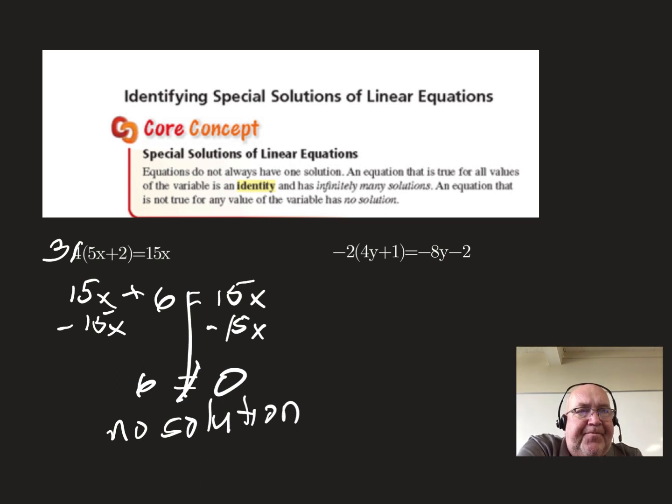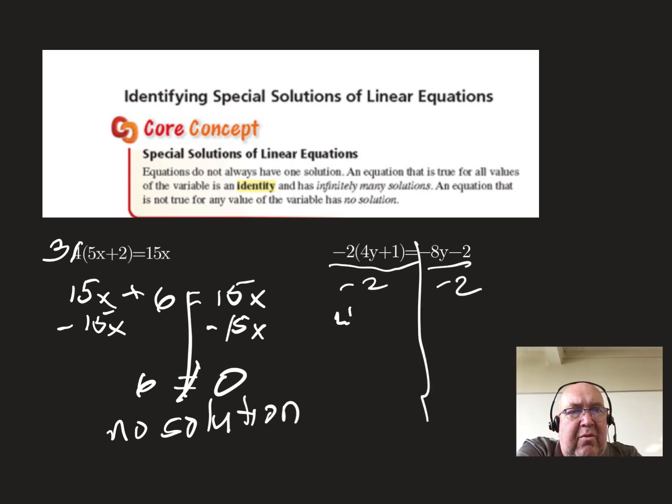Alright, so on the next one we're going to go ahead and do the distribution anyway. So we're going to, or I can divide by negative 2 both sides. Negative 2, negative 2.